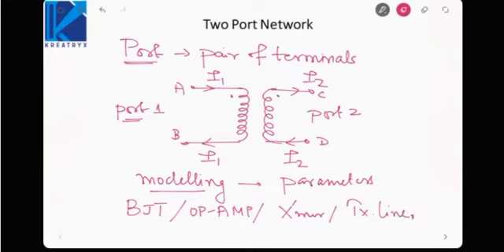So it can be used to model a wide variety of systems provided that they have two ports, one for the input and the other for the output. Like in a transformer, the primary is used as the input port and the secondary is used as the output port. In case of a BJT, the base-emitter junction is used as the input port and the collector-emitter junction is used as the output port in common emitter configuration.